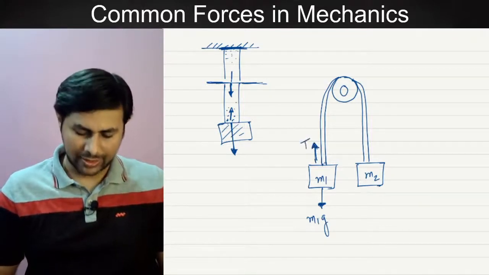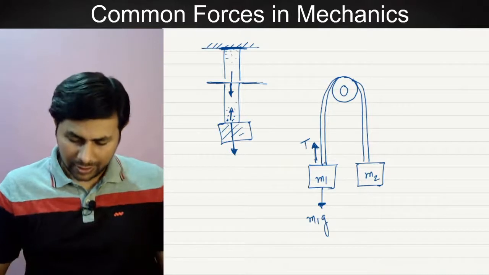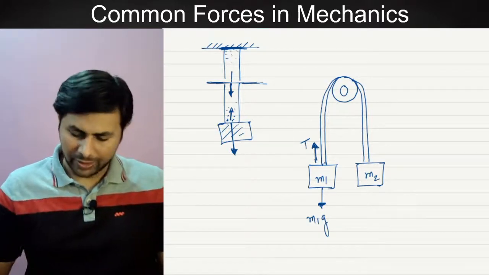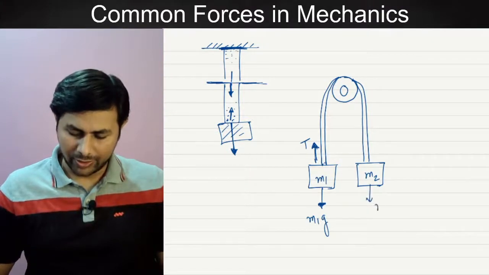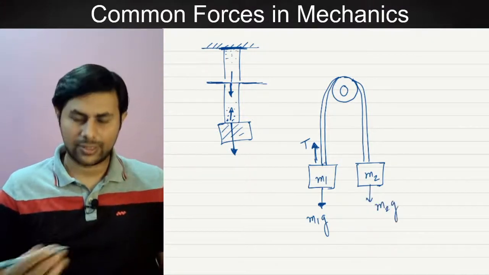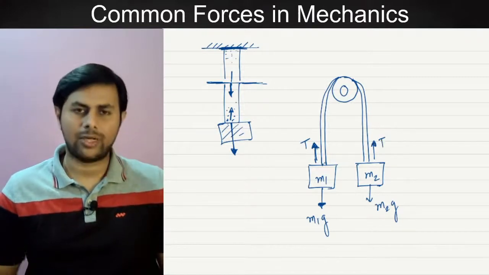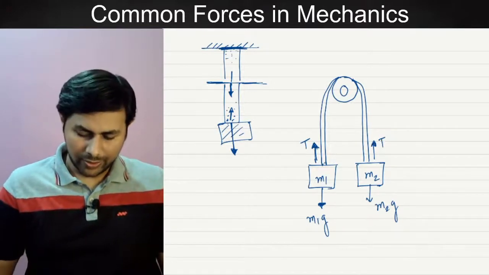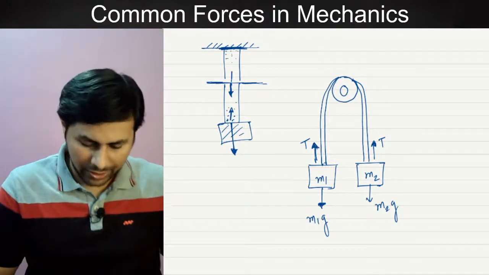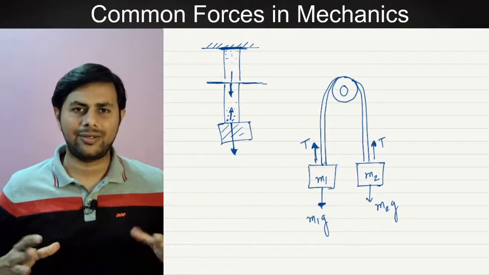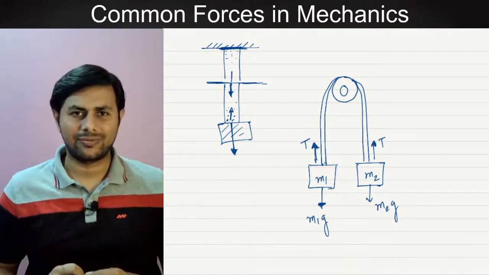So tension will be directed like this. So at this point where mass m2 is connected, the gravitational force is downwards, tension is upwards. So we have seen here the tension at this point and tension at this point, they are directed in different directions.